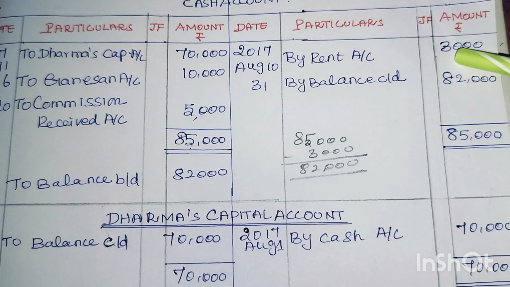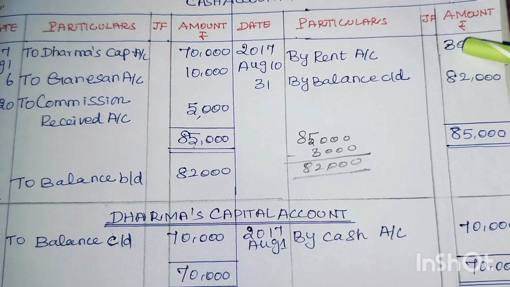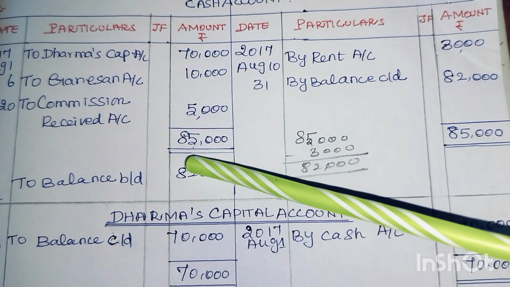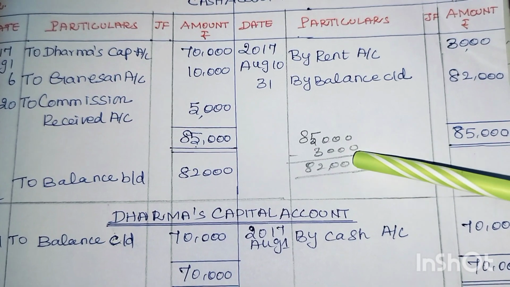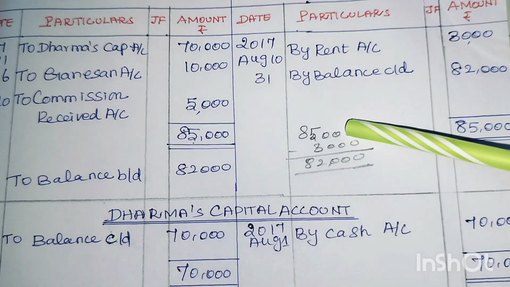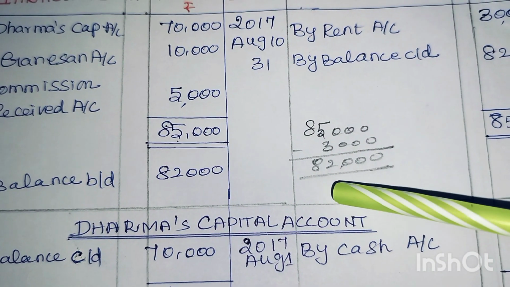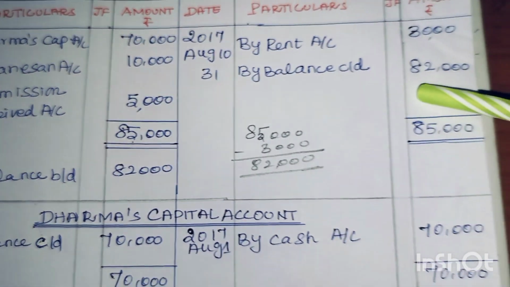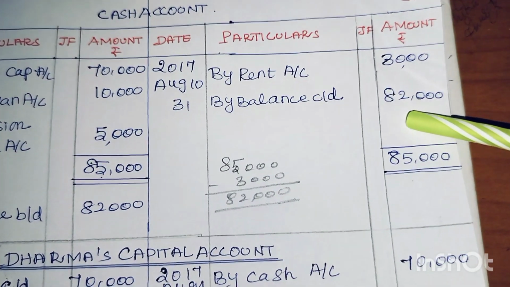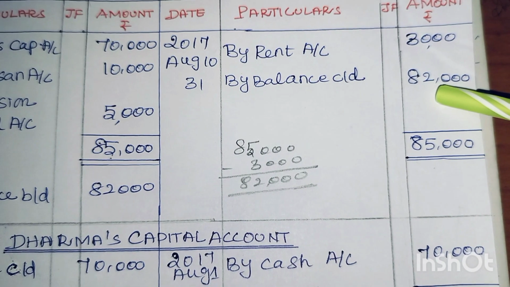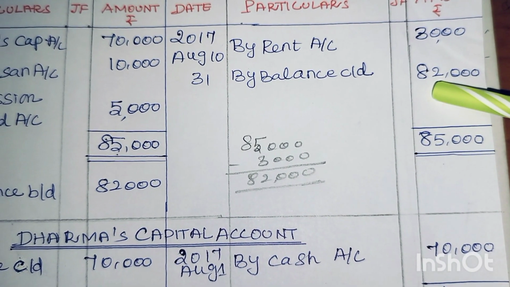So what do we do next? We subtract this 3,000 from the 85,000 total. We subtracted 3,000 from 85,000 and we get 82,000. So this is the difference. Okay, so on the lesser side we enter that 82,000.